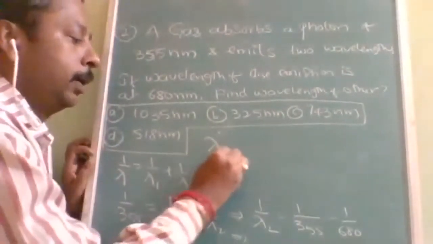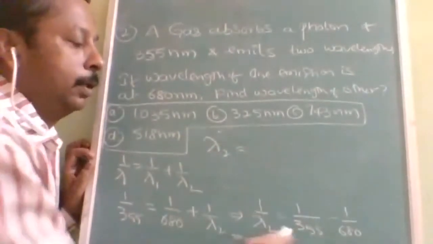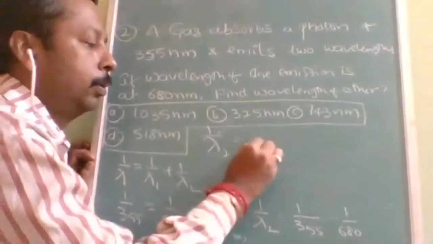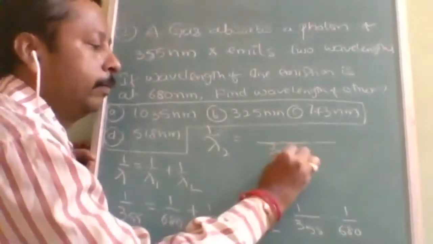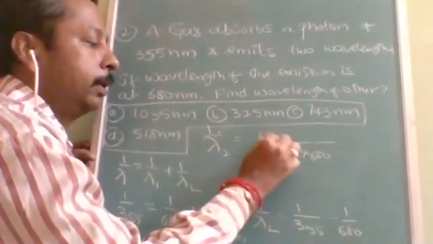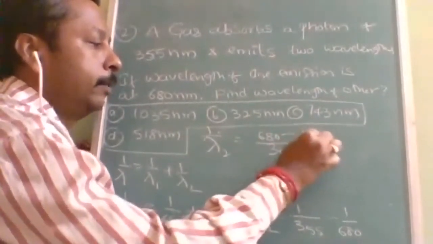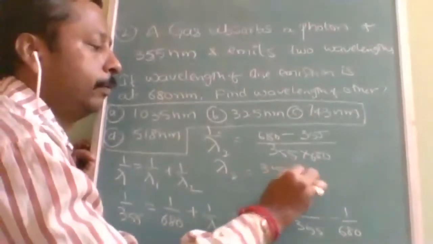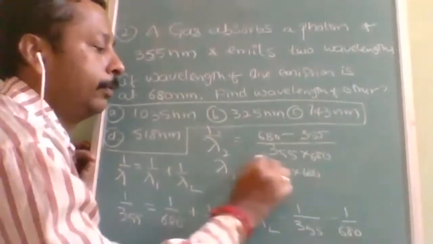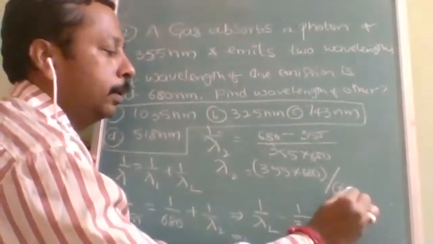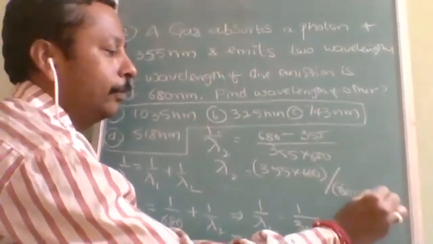So 1 upon lambda 2 is equal to 355 into 680, and here it will be 680 minus 355. So lambda 2 is equal to 355 into 680 whole divided by 680 minus 355.